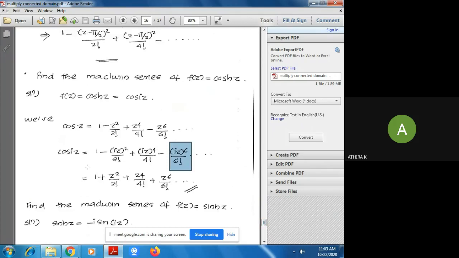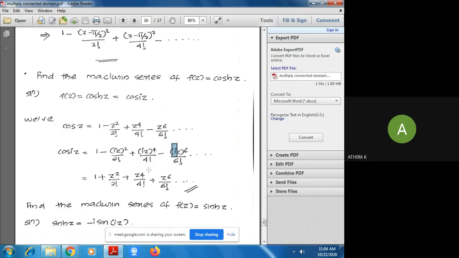This is equal to 1, and here we have minus of iz square, which is minus i square, and minus of minus implies plus, so plus z square by 2 factorial. Similarly, here i raised to 4 is equal to 1, so z raised to 4 divided by 4 factorial, and here is a minus, and i raised to 6 is equal to minus 1.